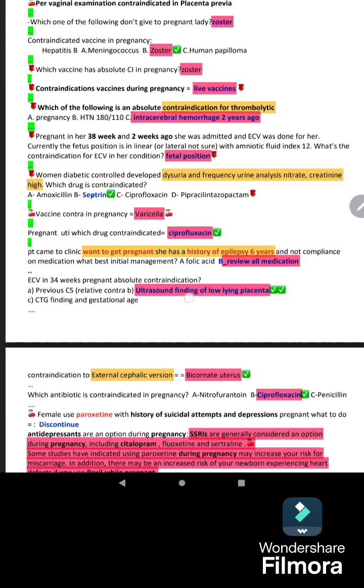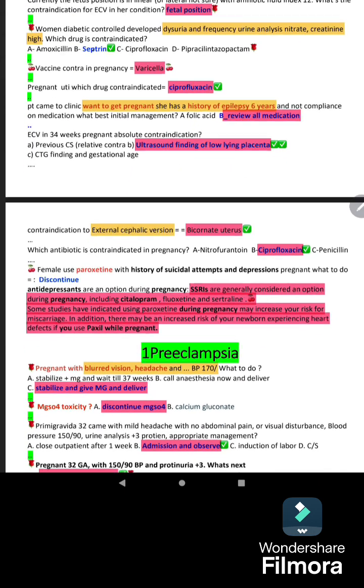Okay. So the next question is, a controlled diabetic woman developed dysuria and frequency, and urine nitrate and creatinine were high. Which drug is contraindicated? Here pregnancy is not given, and there are some other add-ons. The patient has dysuria, in urine analysis there are high nitrates, and creatinine is high. So in that case you can say septrin.